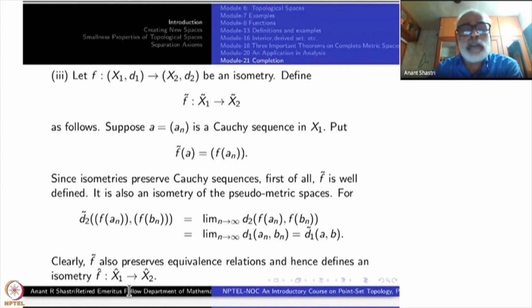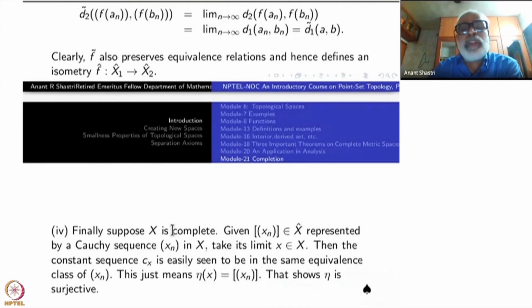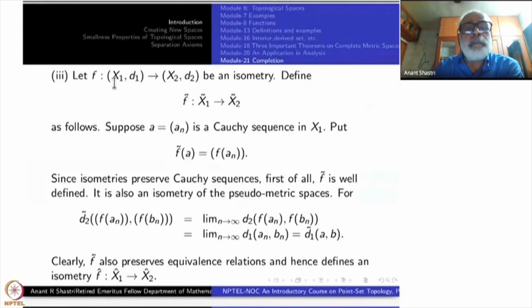The class here goes to the class there. And the distance in D hat is the same thing as the distance we have defined for representatives, so it is preserved. So it is an isometry. The net conclusion here is that the construction depends only on the isometric class of X1, X2, whatever we start with. If X1 and X2 are isometric, X1 hat and X2 hat are isometric.